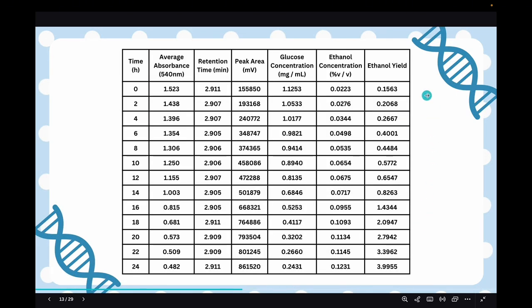And this is the result taken from the group looking at glucose concentration, ethanol concentration, and its yield. We can see that while the glucose concentration is going down, the ethanol concentration is going up. This is because glucose is being used as the food or the nutrient needed by the microbial growth, while ethanol is the product of the growth.